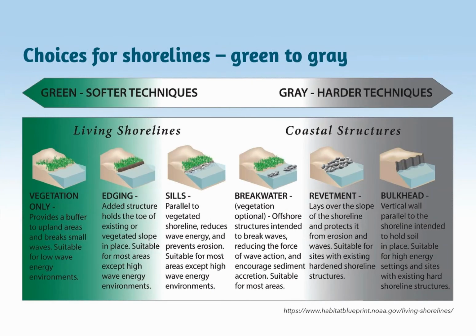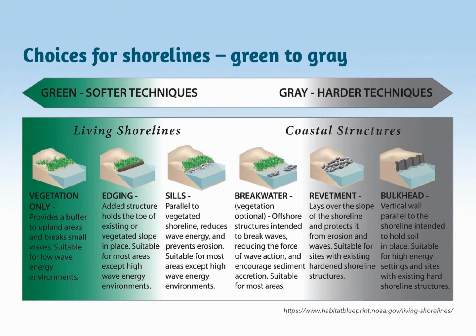So there are some alternatives, green to gray shorelines. If you want to look at this graphic in greater detail, you can go to the Habitat Blueprint at noaa.gov, and you'll find this, as well as a lot of other information about living shorelines. But green or soft shoreline techniques are better in many cases than the gray, harder techniques. There are situations where you just cannot use a living shoreline.